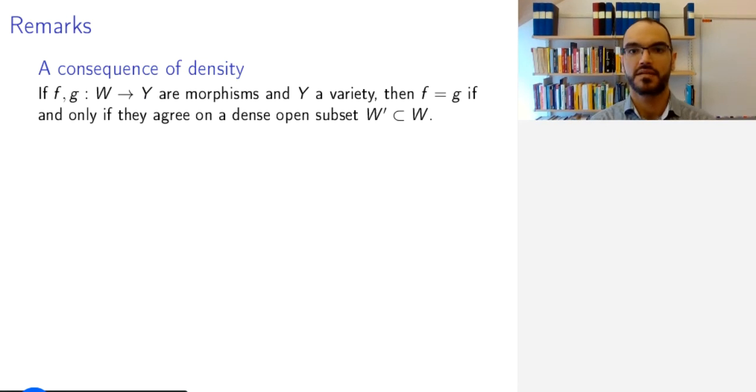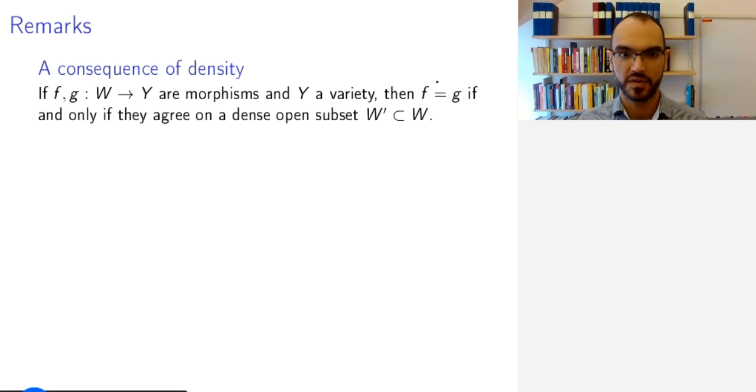And let's look at a few remarks that you might have thought about in the previous examples. So as a consequence of density, if you have two morphisms f and g from some variety W to some variety Y, well, in fact, W can be any pre-variety as long as Y is a variety, then we have seen that the set of agreement, the set of all x in W where f and g are equal, is closed.